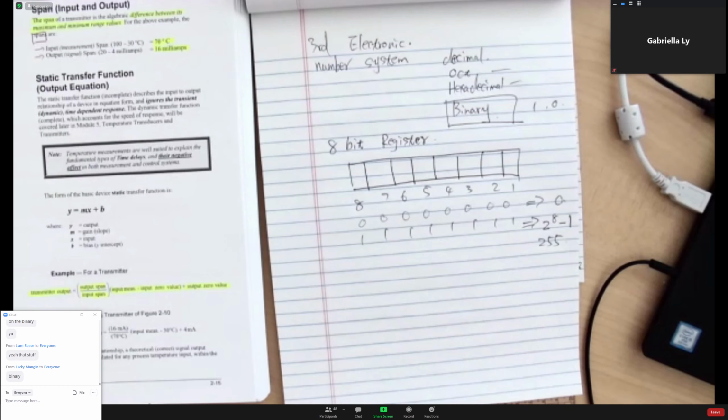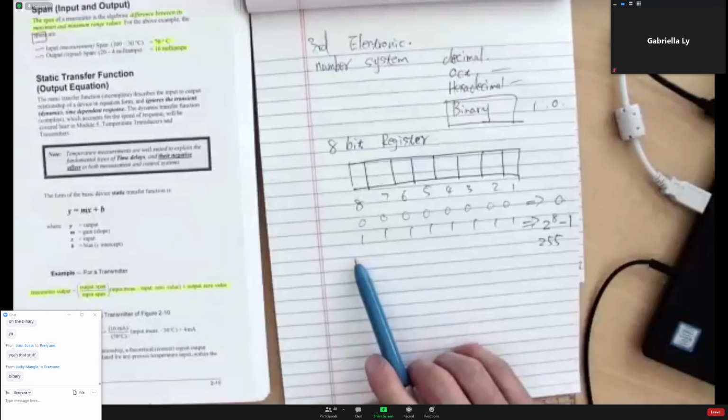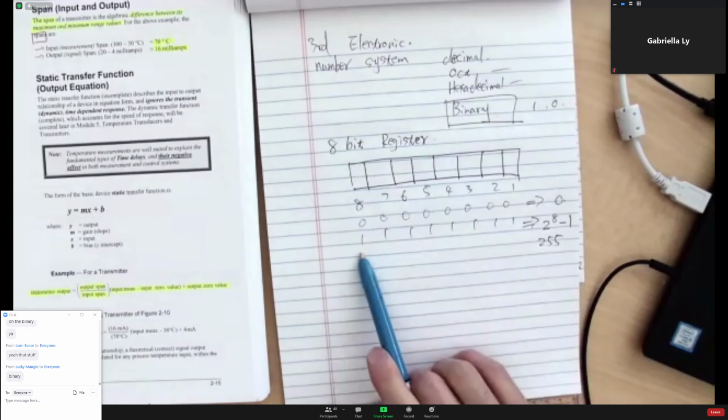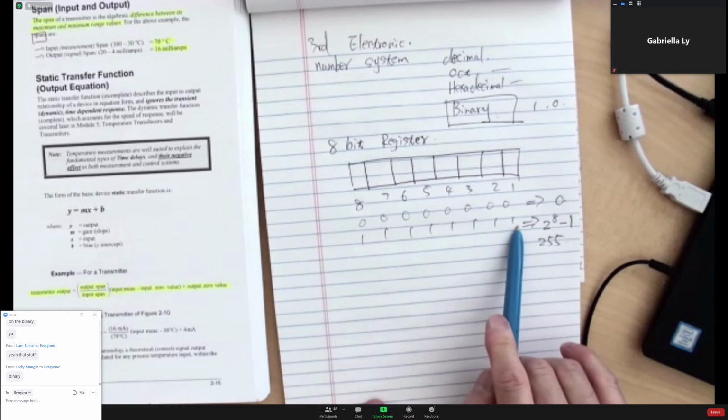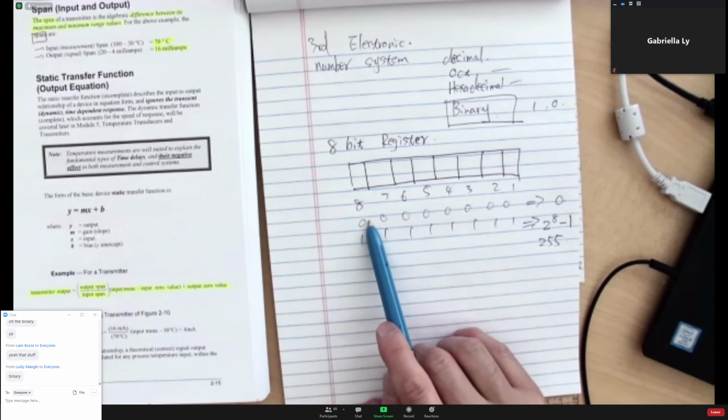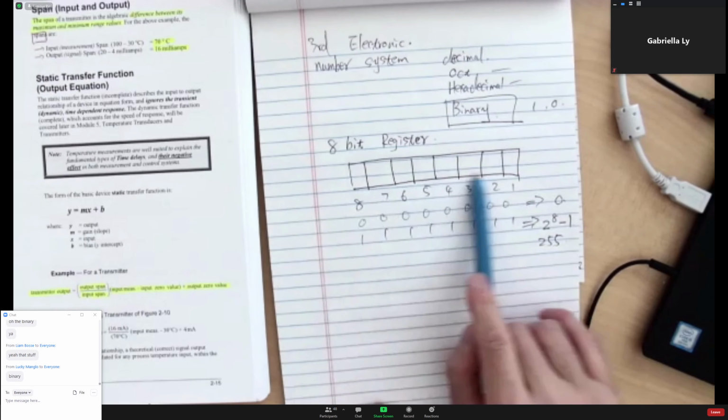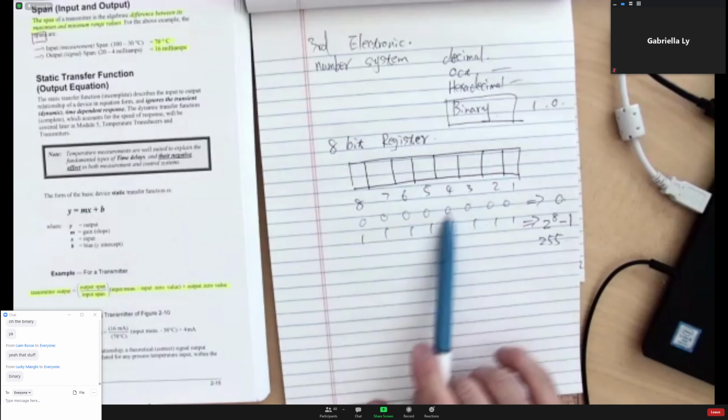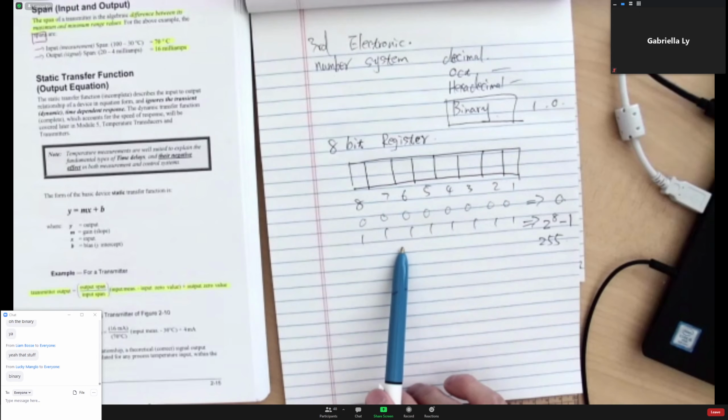That makes sense? Yes? No? You're converting that number to binary, and this will be in an 8-bit register. That's the maximum number that can be stored in this 8-bit register.